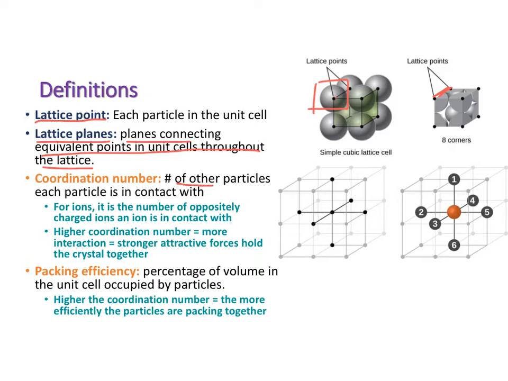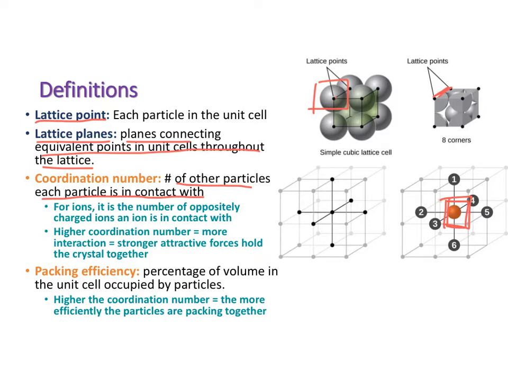Coordination number is the number of particles each particle is in contact with. For example, if we look at one central particle within these 8 unit cells all connecting together, and count the number of particles in contact with this red one, we would see a total of 6.